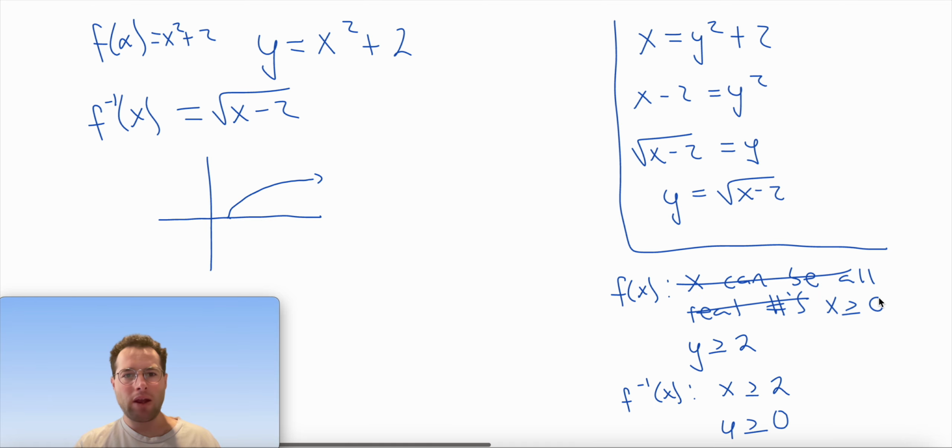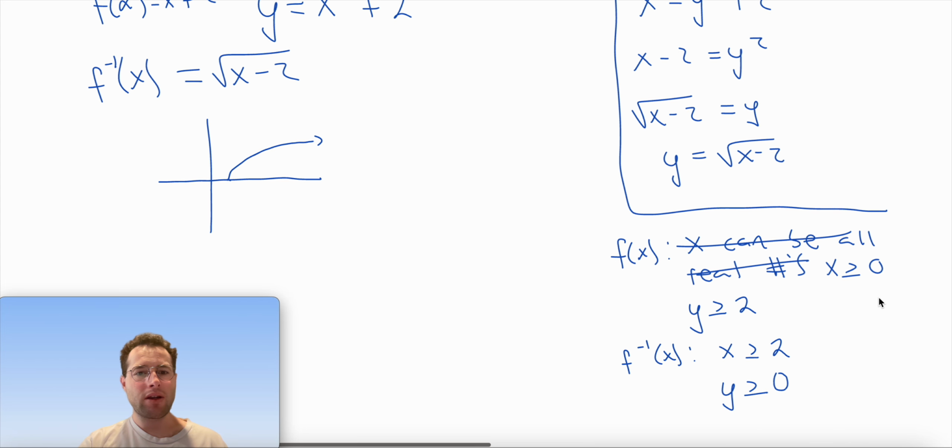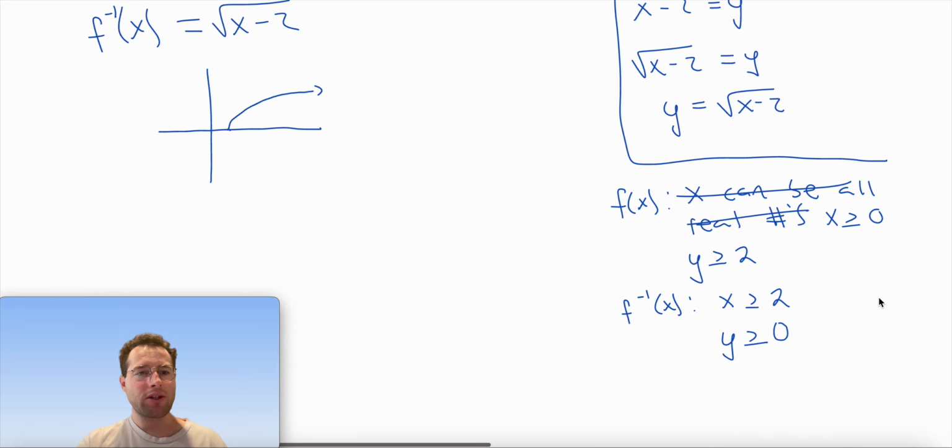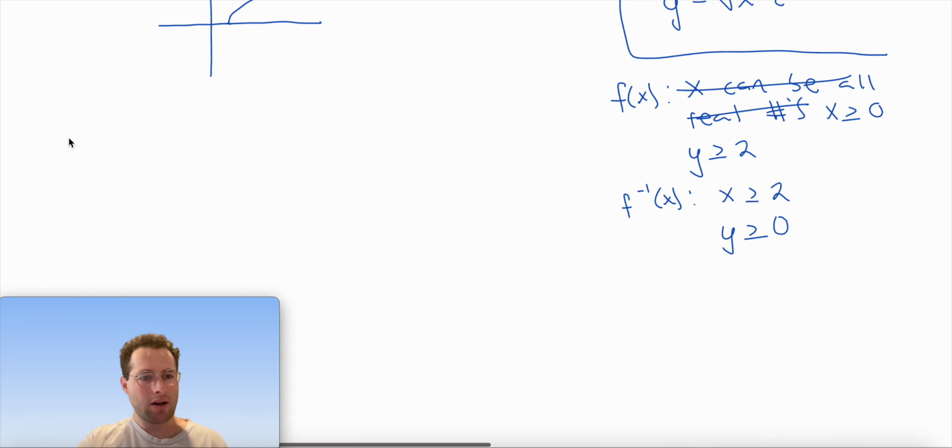Oh yeah, and I did say that I would verify this one using function composition. So let's go ahead and do that real quick. Our original function, f of x equals x squared plus 2, and f inverse of x equals the square root of x minus 2.